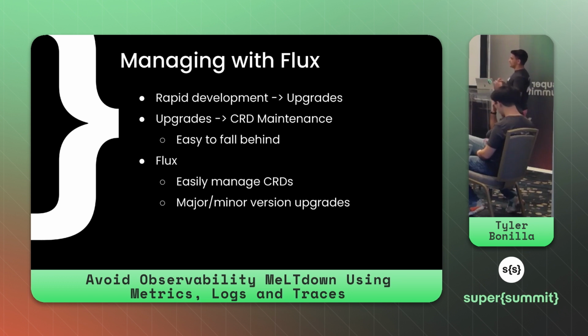If it's not managed by Flux, you're talking about manually upgrading your CRDs with every major version release. If you follow the Prometheus stack, it's not uncommon for a new version or a new major version to be released every 2 to 3 days. So you're going to want to manage it with Flux. Flux can easily manage your CRDs for you.